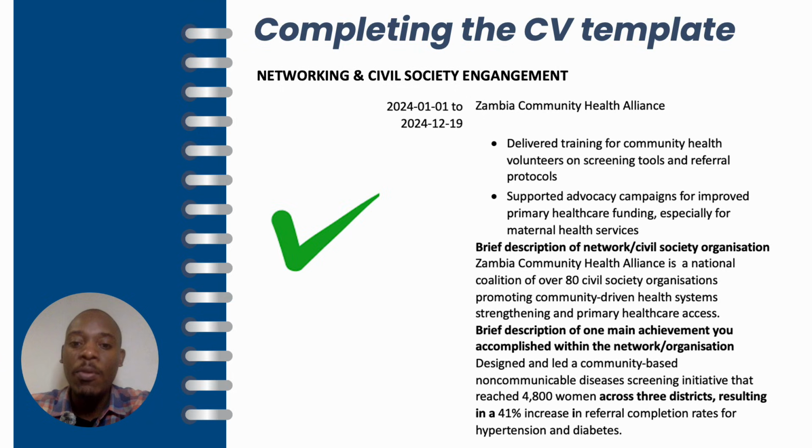So the same thing applies. Ensure that it's detailed. You are not just copying and pasting responsibilities. You are describing them using strong verbs, like you delivered this training for the volunteers, you supported, you advocated, you did this. So use such words as you are writing all the sections of your CV.